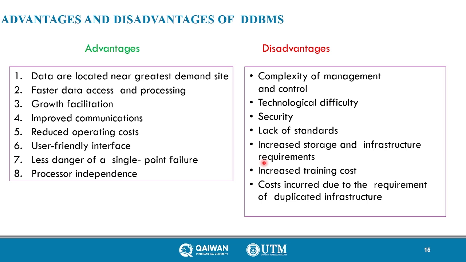Now you see we also have disadvantages: complexity of management and control, technological difficulty, security, lack of standards because we have different sites, increased storage and infrastructure requirements, and of course, ultimately, it will also need a lot of cost. Increased training cost is incurred due to the requirement of a duplicated infrastructure.